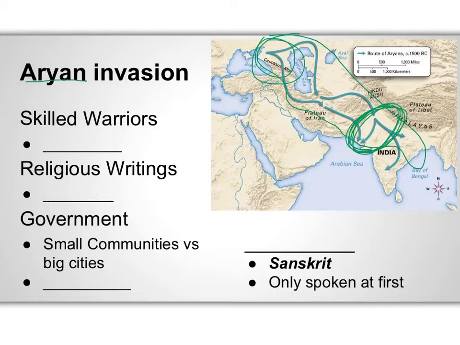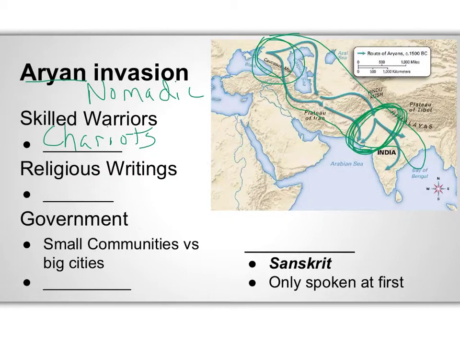Now the Aryans were a bit different. They were nomadic, which means they just traveled. They brought all their stuff with them. They were constantly moving. But they were very skilled warriors, and they used things called chariots. You might remember chariots from Egypt, as part of their army.